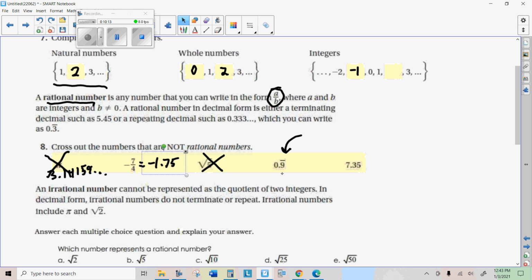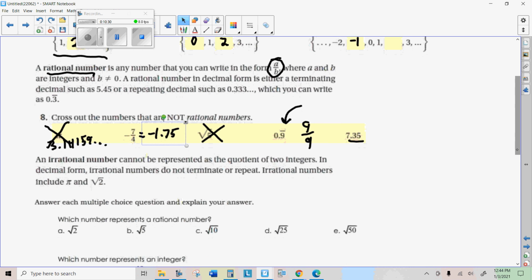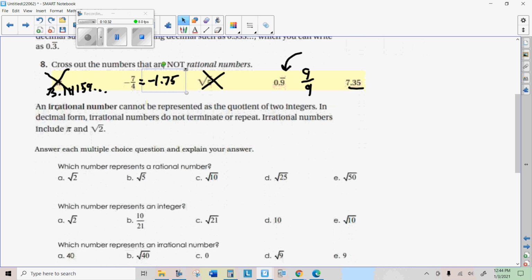Actually, 0.9 repeating is equal to 1, or 9 over 9, however you want to look at it, so we can write that as a fraction. And 7.35, since this number ends, is rational. So the only two we crossed out were pi and the square root of 5. An irrational number cannot be represented as the quotient of two integers. There's no way to divide two numbers to get it exactly.